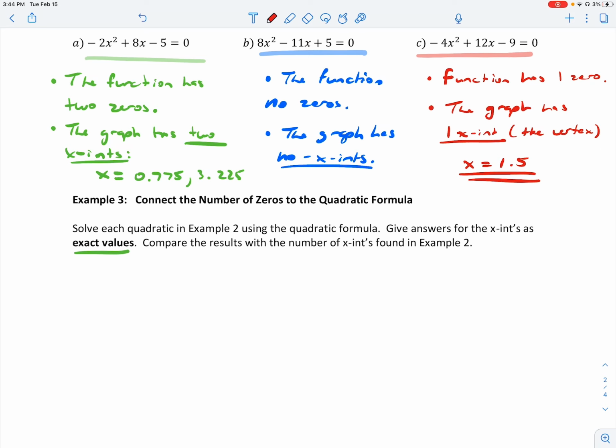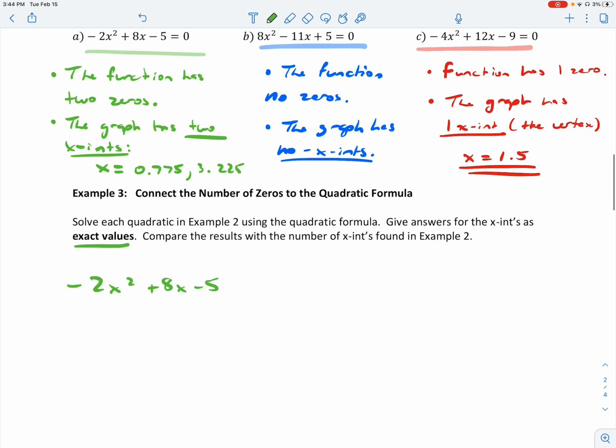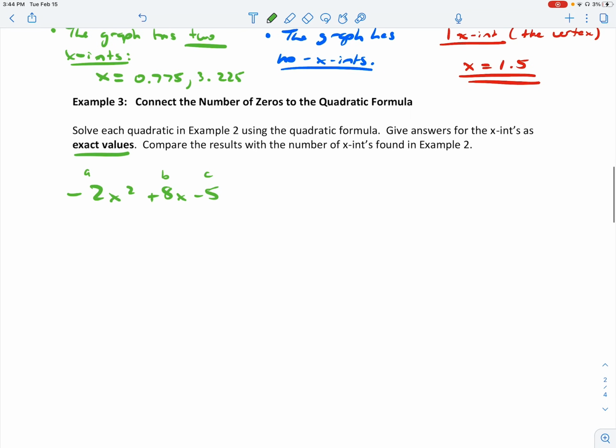Okay, let's get started. The one in green, this equation here, let's apply the quadratic formula to it. This is my A value, my B value, my C value.